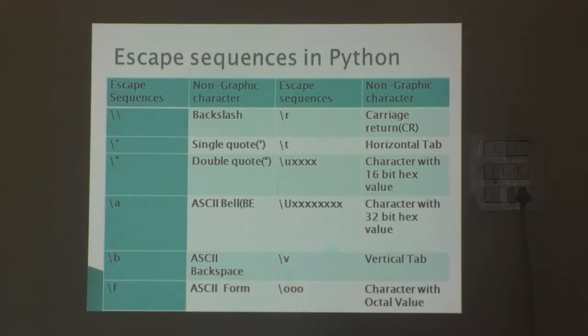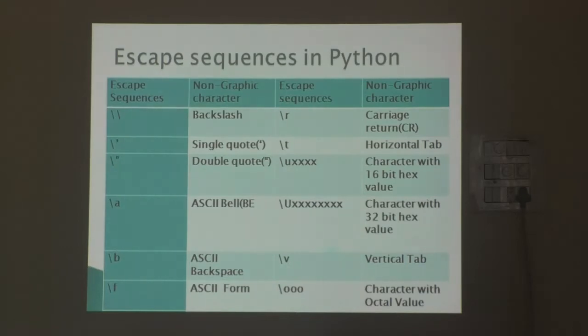Backslash, single quote, double quotes, bell, ASCII backspace, ASCII form feed, carriage return, horizontal tab, 16-bit hex value, 32-bit hex value, vertical tab, and octal value. These are all the non-graphic character constants.